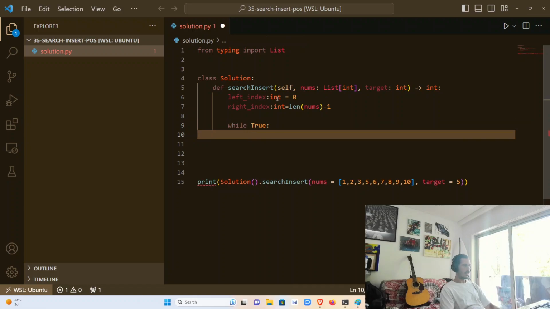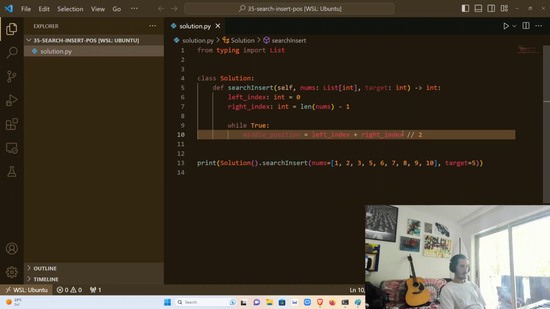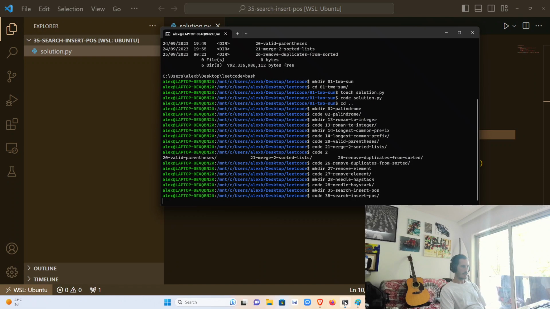And let's check the middle position. It's equal to left index plus right index, and we want the integer division by 2. I think this is the integer division. Let me just make sure.